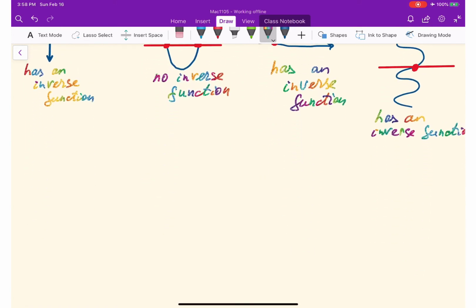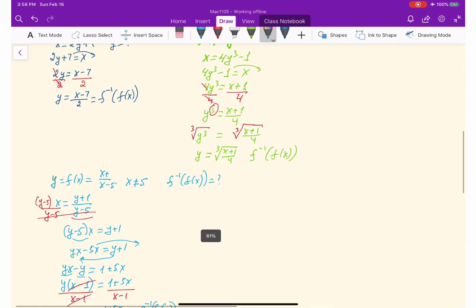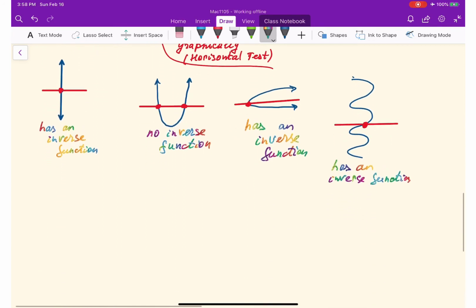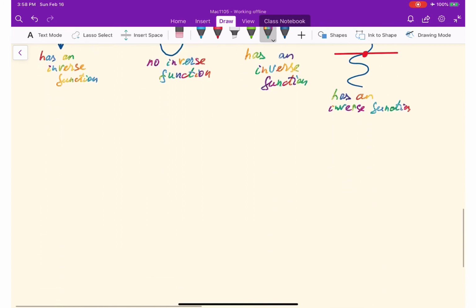So we learned how to find the inverse of the function algebraically by switching the positions of x and y, and then solving for y. Now let's see how to find the inverse of a function by graphing. Okay?